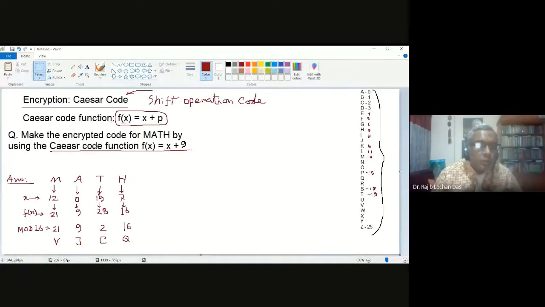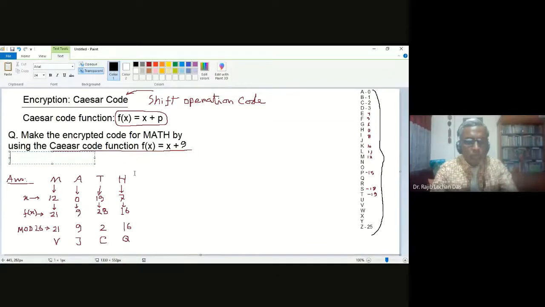So we will finish the opposite thing. Let me add something in the question. It is also to decode the message into the original.